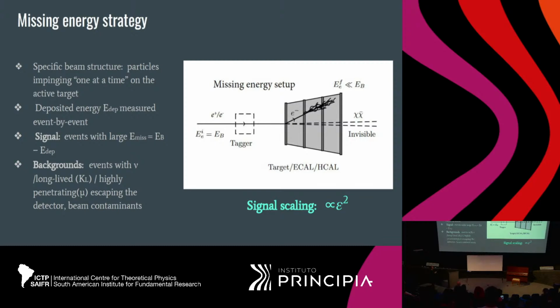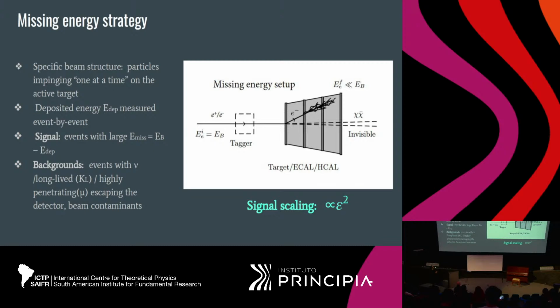so you gain a factor of epsilon squared with respect to the beam dump, but now you have to face many backgrounds. We saw that, for example, in an electromagnetic shower you produce many standard model particles which are themselves very penetrating, for example muons, which would escape the detector and give a signature similar to that of a dark matter particle. So this is one kind of background.